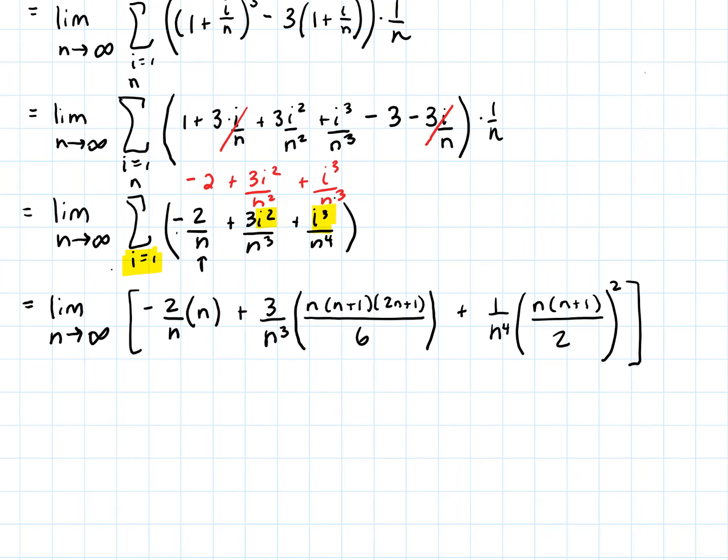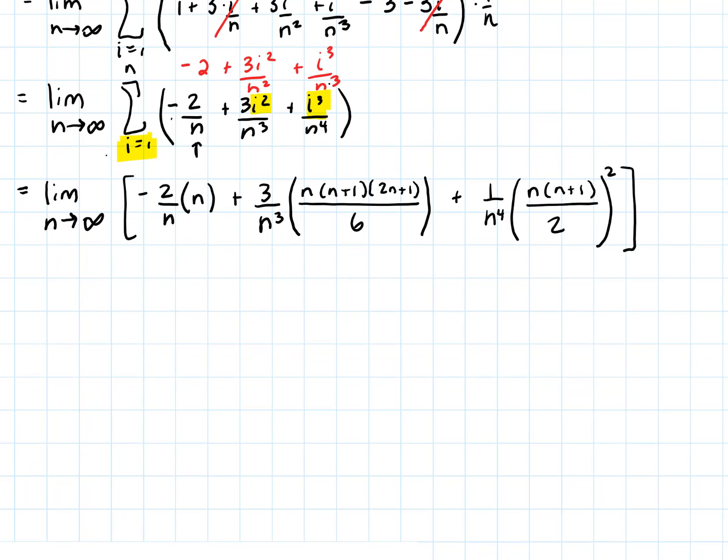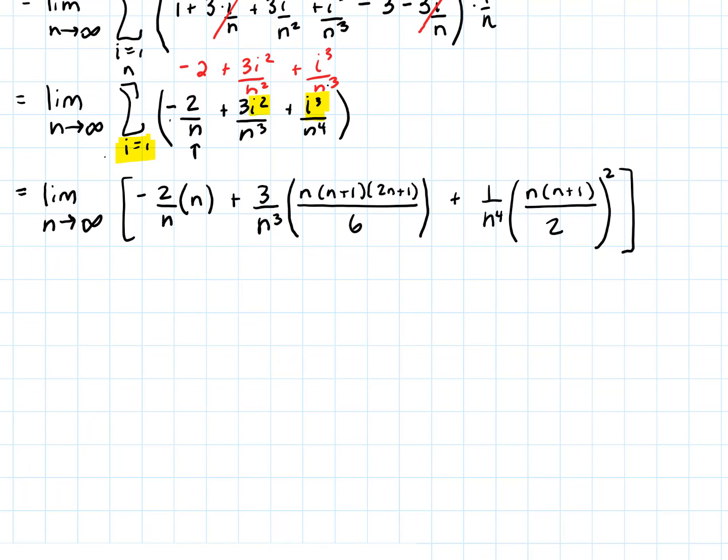Okay, so now we do have a bit of algebra to do here before we can take the limit. So let's go ahead, clean up the algebra a little bit and simplify, and then we can actually run the limit through.